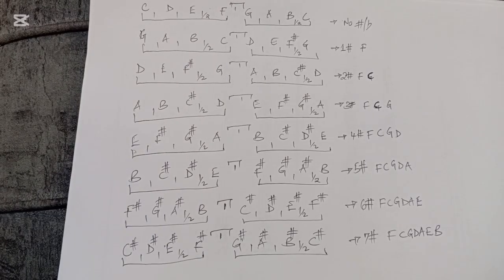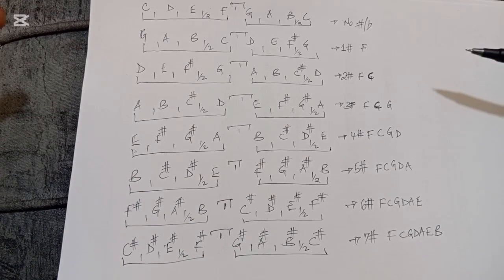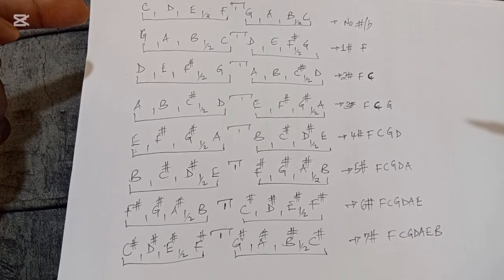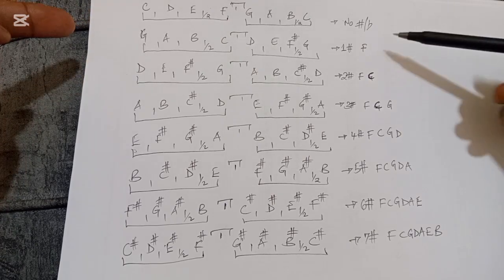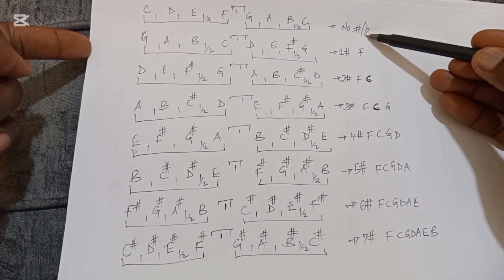Now, after doing all this, you'll find that we have this as our summary for the major scales. Now we have C major, with no sharp, neither flat.